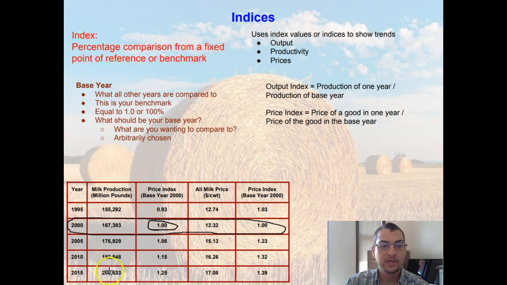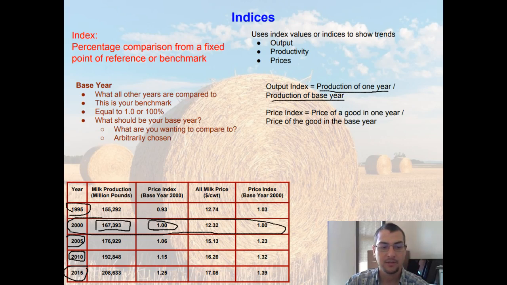So we're comparing 1995, 2005, 2010, and then 2015 back to this base production. We are going to compare everything back to this base production. So whenever we do that, the formula is equal to the production of one year divided by the production of the base year. Let's go ahead and see how that works out.